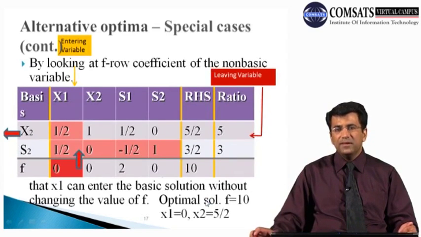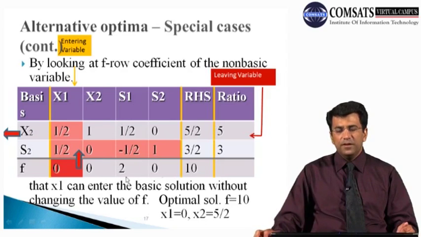So if we compute another table, again by computing the new pivot row and by computing all the other rows by using the similar formulas, we can have this sort of table.